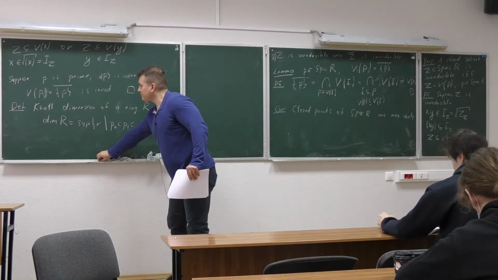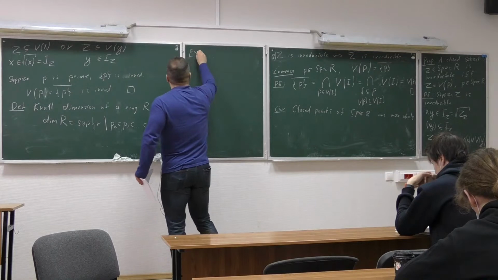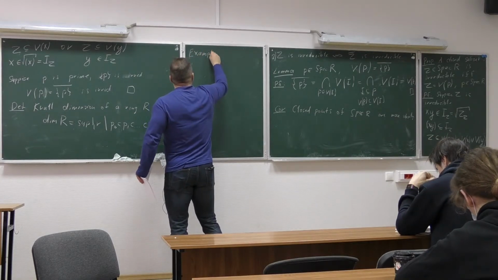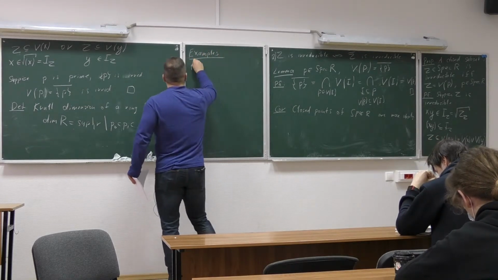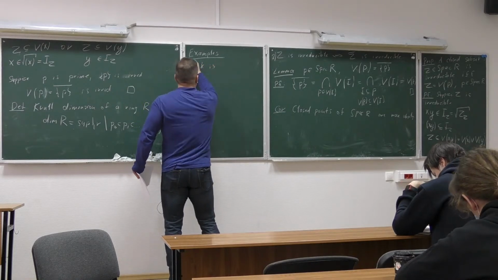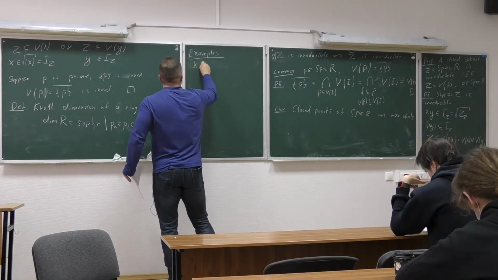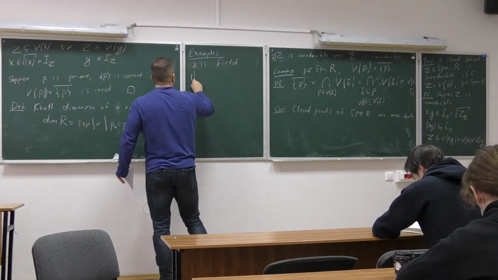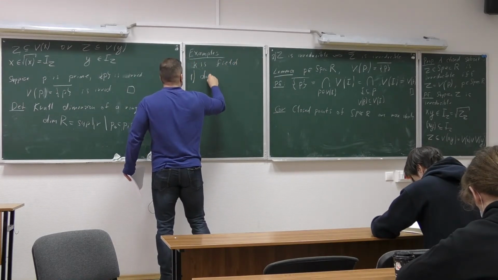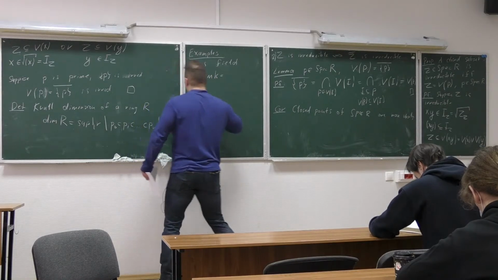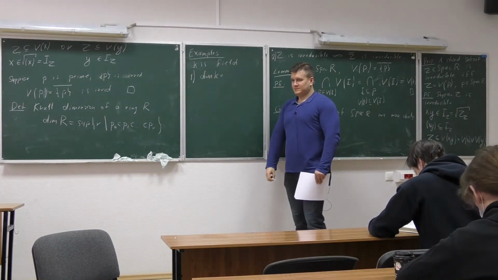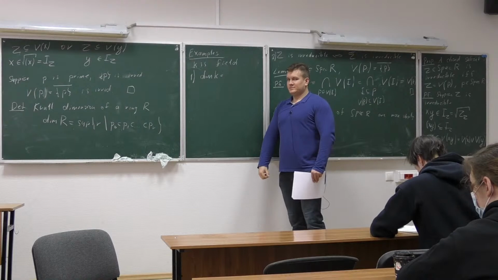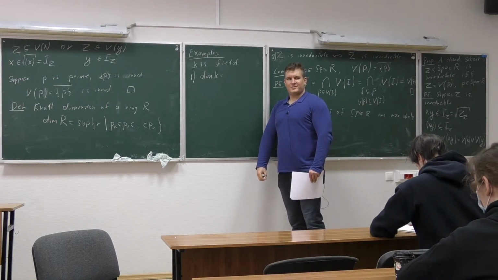So for example, first example, well, maybe I just fix this. K is a field. So then in the first example, what's the dimension of K? 0.